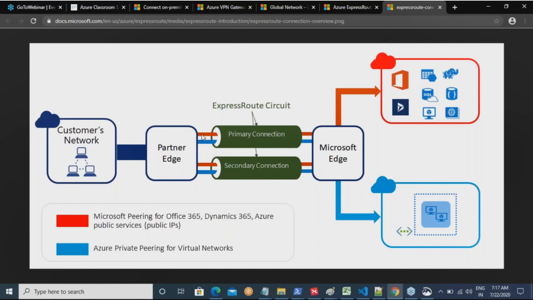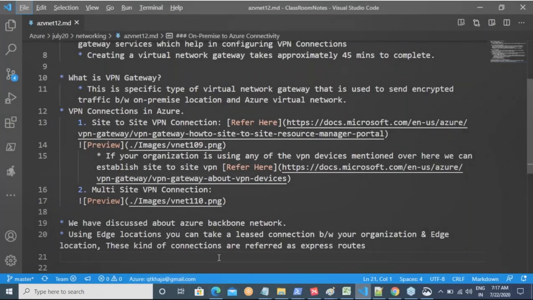Ignore this red line, the red line is for Office 365. Just look at this blue line. You can be connected to your Microsoft Azure, and over here you get consistent bandwidth options.